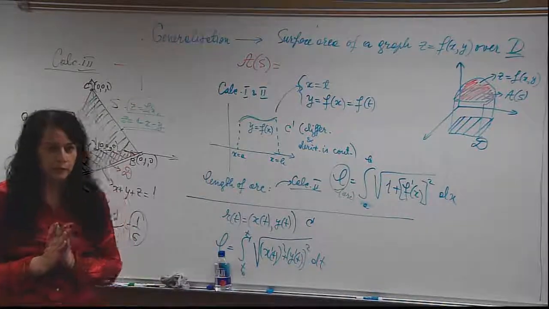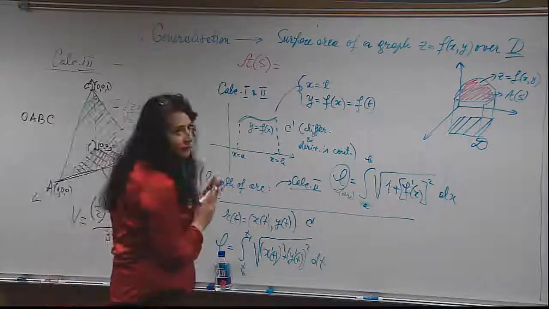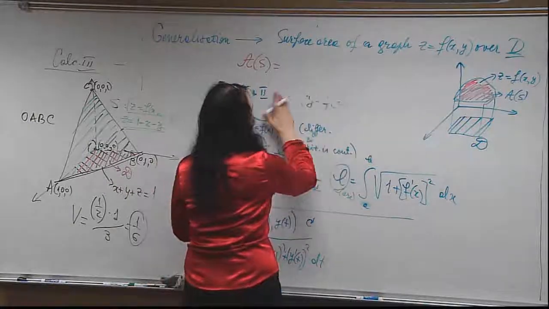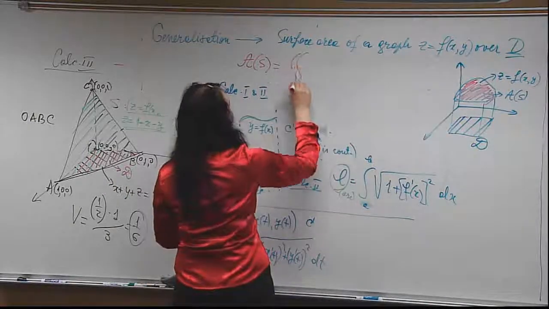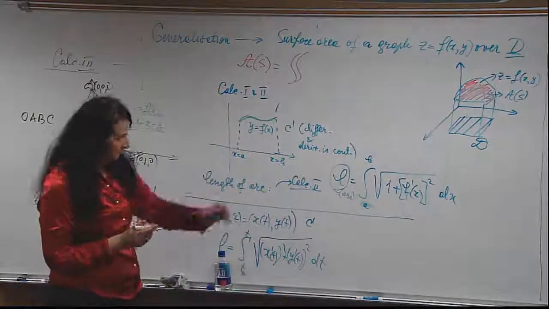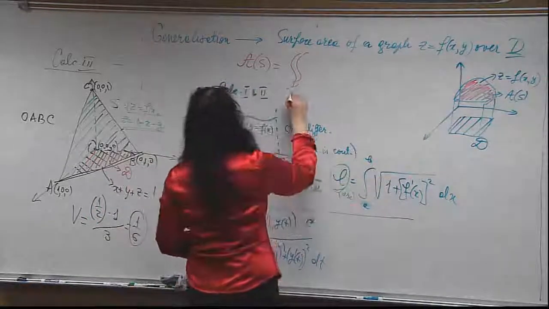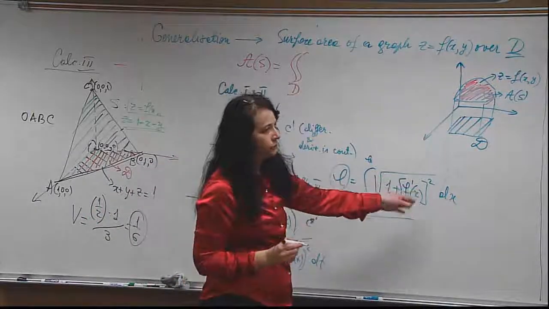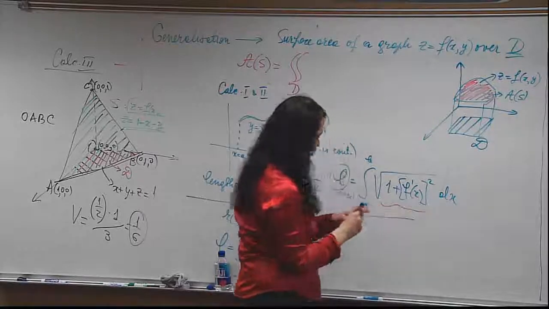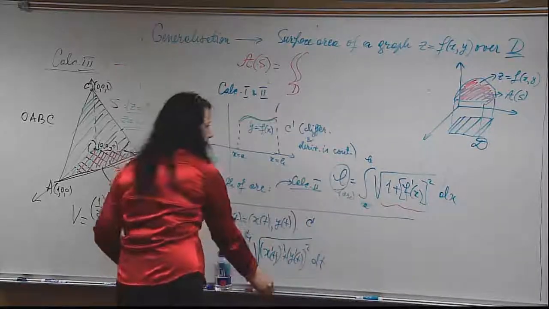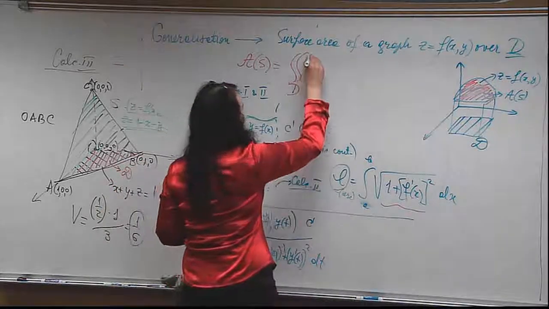You are smart people. It will be a double integral instead of one integral. Over what do you think? Over the domain. Yep. What's the simplest way to generalize this? Another square root.